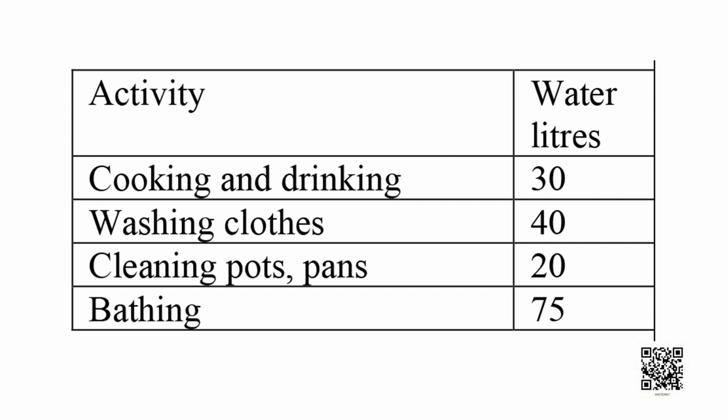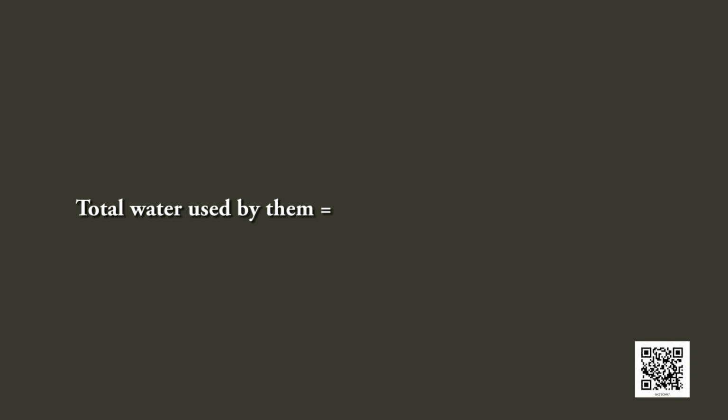Now, we need to find total water used by them. Total water used by them is equal to 30 liters plus 40 liters plus 20 liters plus 75 liters, that is equal to 165 liters.